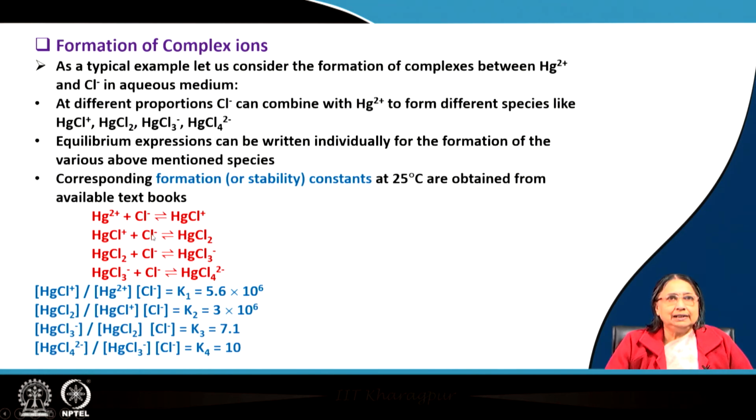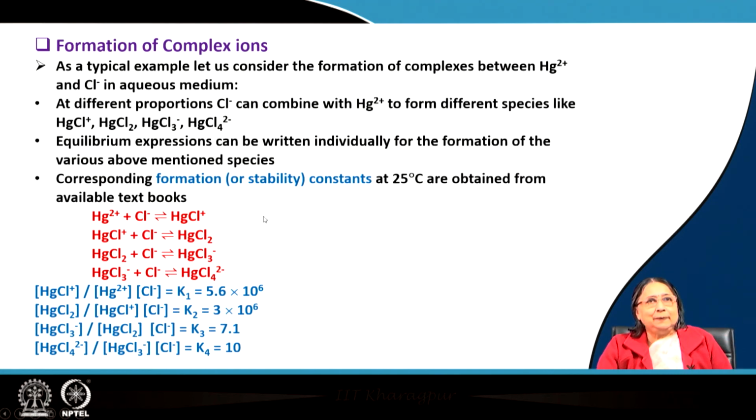So, here the equilibrium reactions are shown. When only one chloride ion is combined, we get HgCl plus, then another chloride gives HgCl2, another gives HgCl3 minus, and when all 4 chloride ions are combined, it forms HgCl4 2 minus.